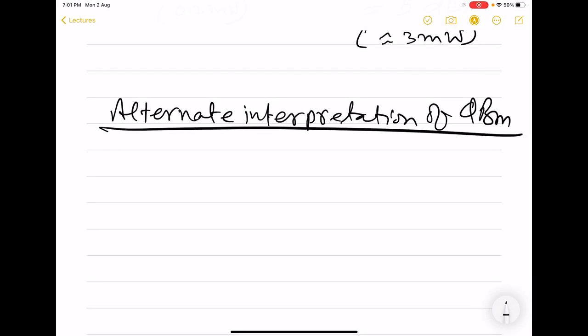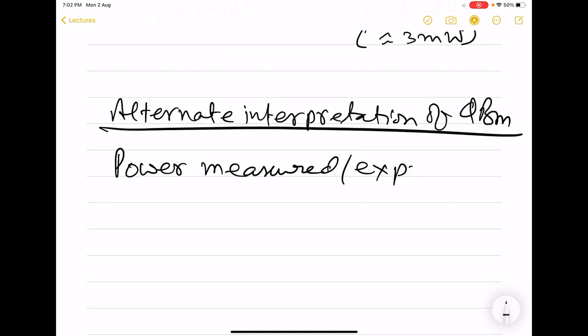So in this interpretation, we say that dBm of power is actually dB of the power measured or expressed with respect to 1 milliwatt.